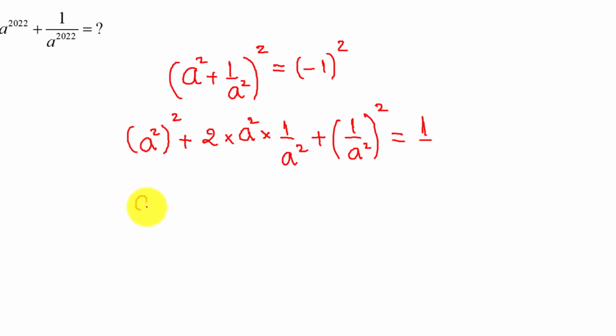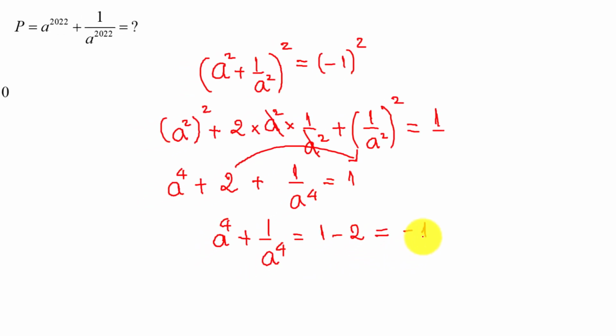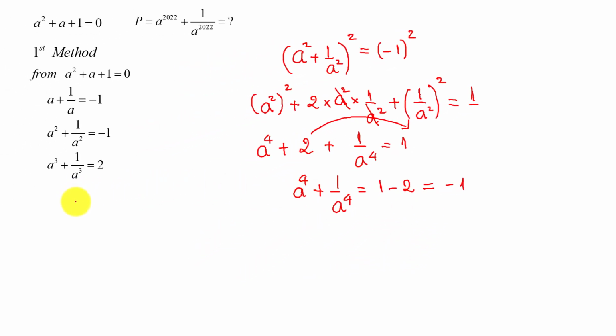And we get a power 4 plus, simplifying, 2, plus 1 over a power 4 equals 1. Then I change 2 to the right hand side, so I get a power 4 plus 1 over a power 4 equals 1 minus 2, which equals minus 1. So we have the fourth equation: a power 4 plus 1 over a power 4 equals minus 1.